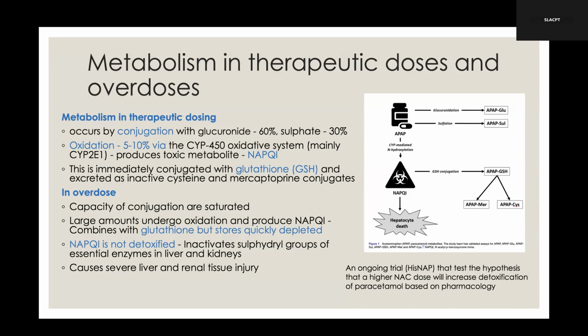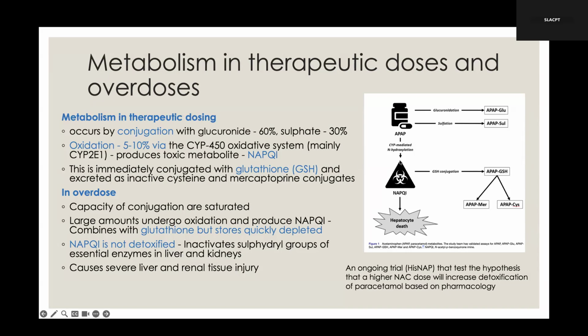And in overdose, the capacity for conjugation with glucuronide and sulfate is exceeded, resulting in vast amount of NAPQI being formed, which combines with glutathione, where the stores get quickly depleted, and therefore N-acetyl-p-benzoquinone imine is not detoxified, and that causes the liver and tissue injury.